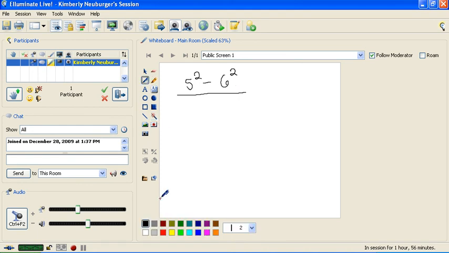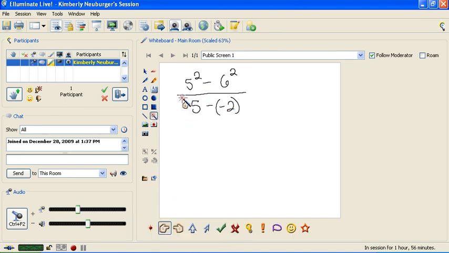Now, in the bottom of this fraction, or this expression, we're going to have 5 minus a negative 2, like that. So what we have down here is an expression that's been grouped by this fraction bar.